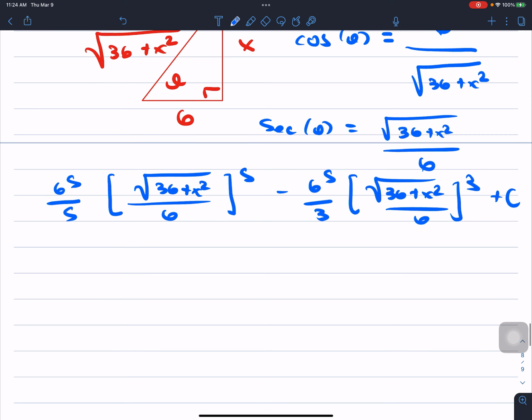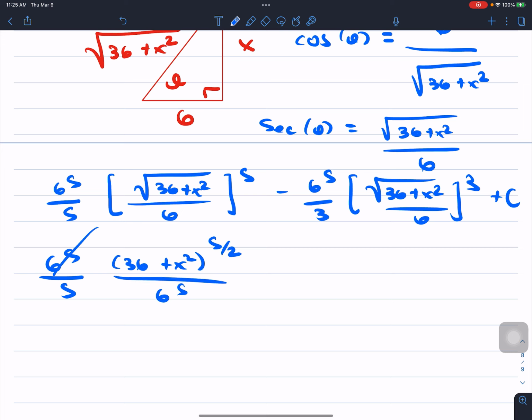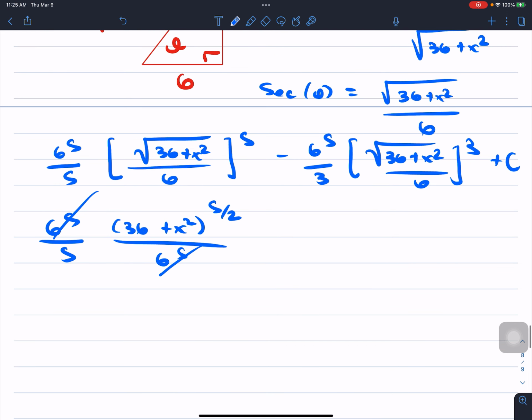Now, here's what I would do algebraically speaking. 6 to the 5th over 5. I'm going to say, isn't that 36 plus x squared to the 5 halves, over 6 to the 5th power? This is going to cancel here. Minus 6 to the 5th power over 3 times 6 cubed, and now this is 36 plus x squared to the 3 halves power, plus my constant here.